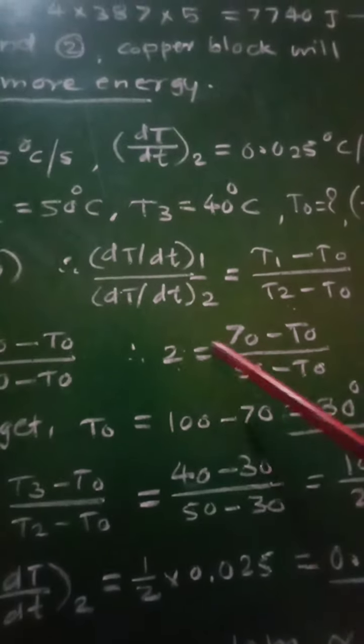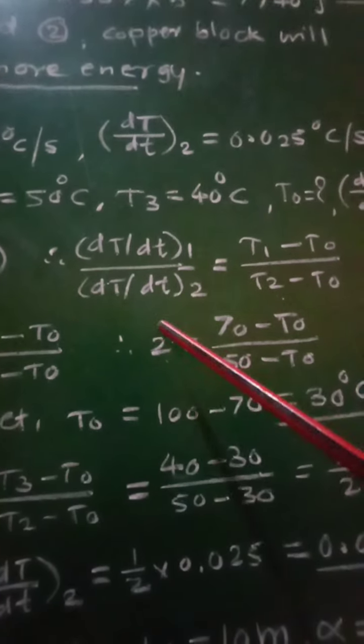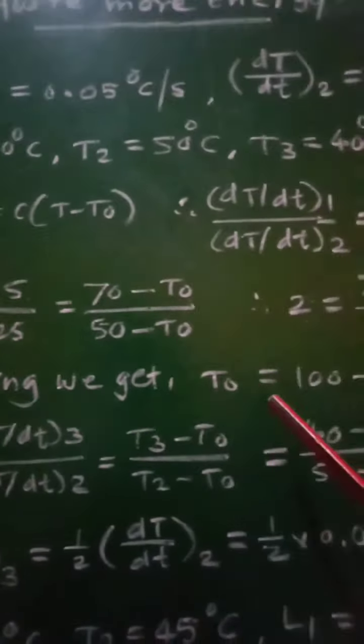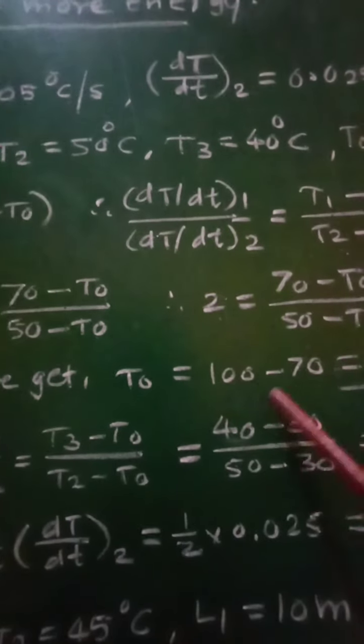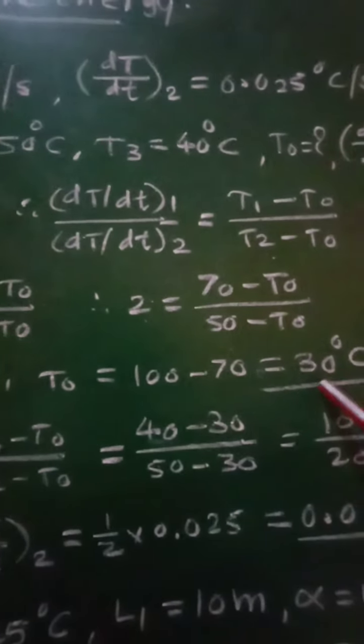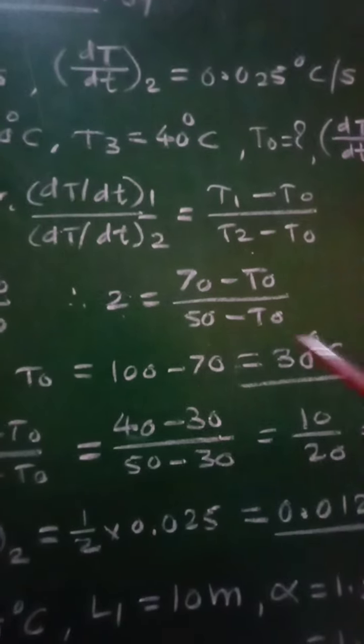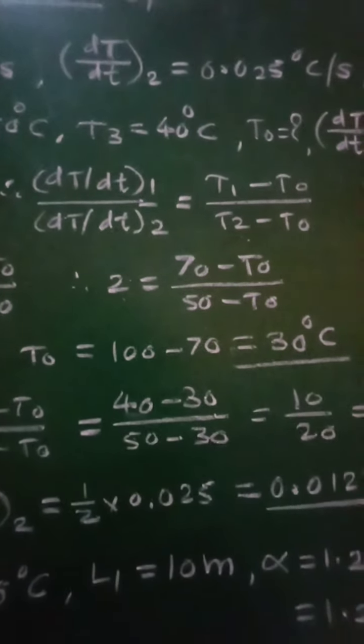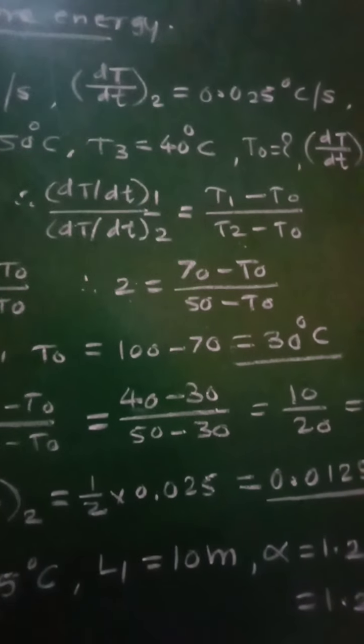Now taking the cross multiplication and solving, we will get T0 equal to 100 minus 70, that is 30 degrees Celsius. That will be the initial temperature.